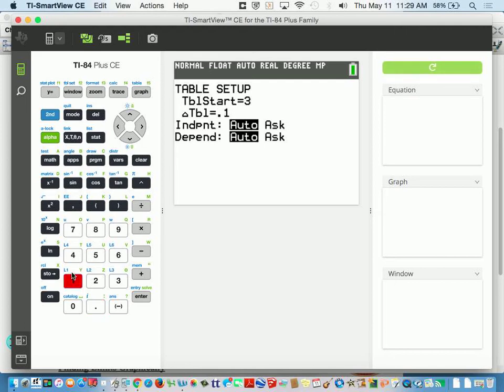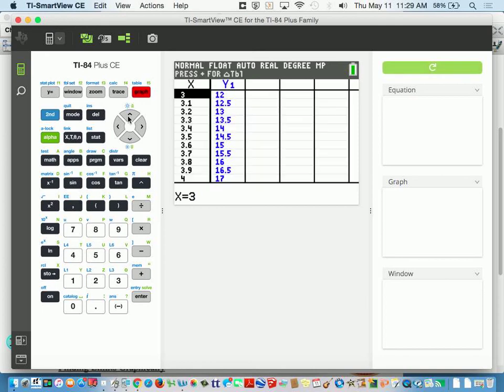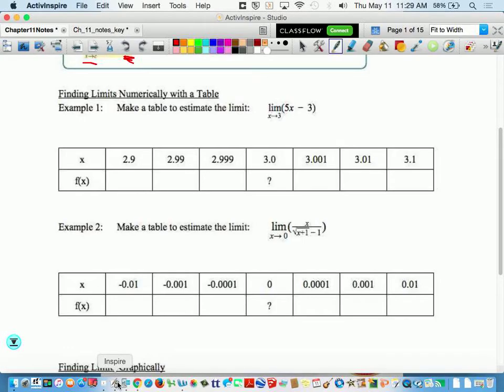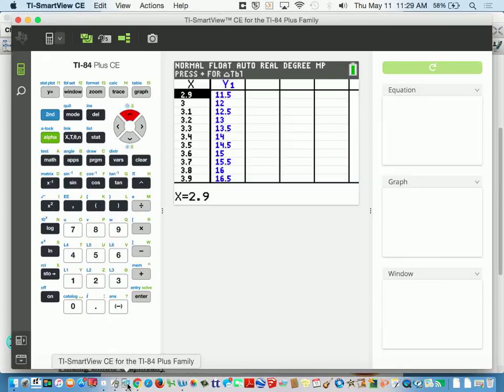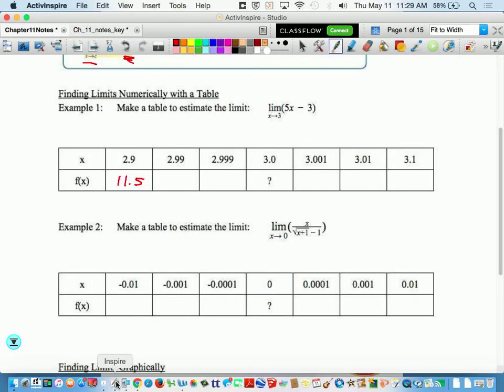So we're going to just have the table switch by that. And you can see 2.9 is 11.5, and in the table, 3.1 right here is 12.5. So I just type the function in, then I can use the table, and we're getting closer.